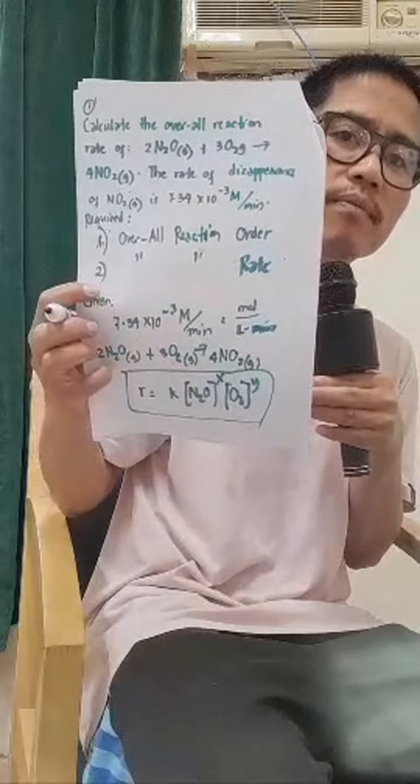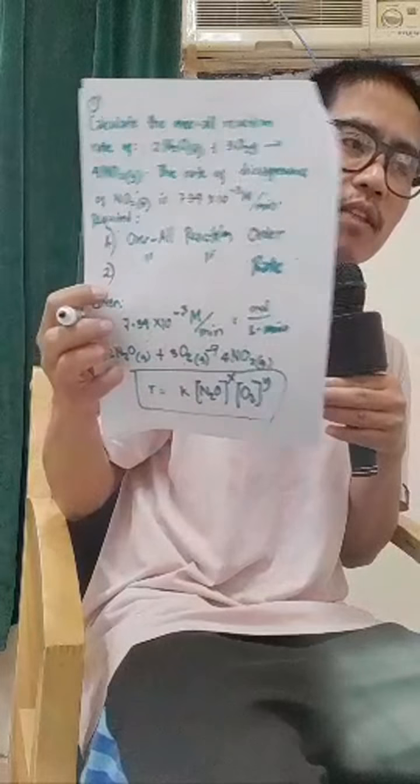So, gather all the rates of each reactant and product to complete the overall reaction rate. So the rate of NO2 is equal to the given value presented here, which is 7.34 times 10 to the negative 3.